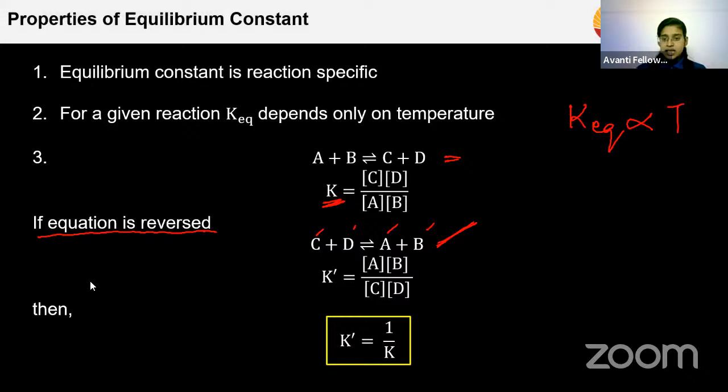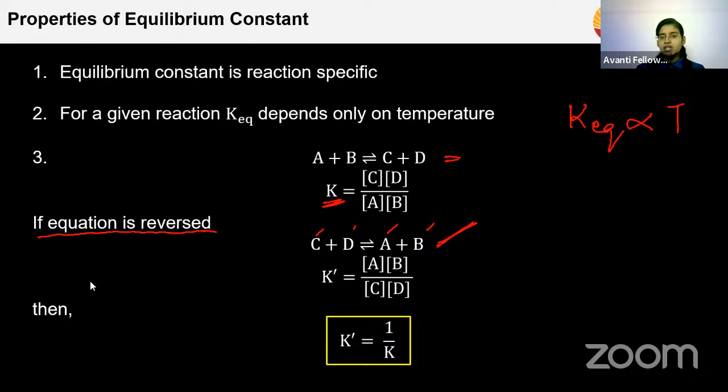In that case, we have to look into the reactants and products. If it is getting reversed, then we have to take the inverse of it. It is very easy. If I practice some questions based on this topic, you will get to know. So don't worry.